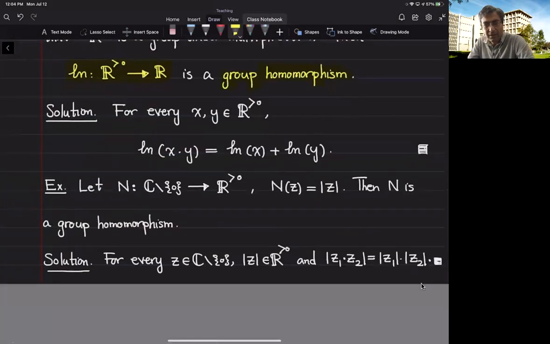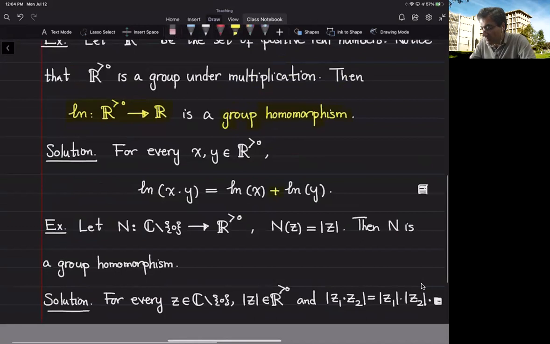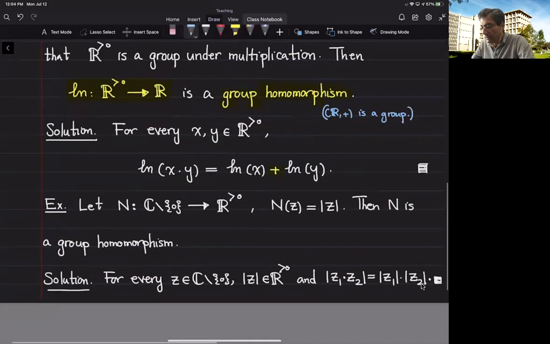Again, what does that mean? I need to check whether or not natural logarithm of x times y is natural logarithm of x, this time plus natural logarithm of y. And I need to use plus here because the group operation of R here is plus. So here, again, we are thinking about R as an additive group, as otherwise it's not a group at all. And we are using this plus over here because the operation inside the real numbers is plus.